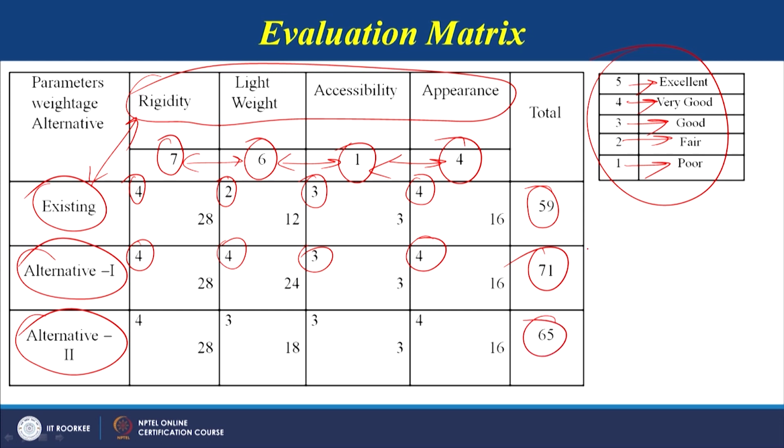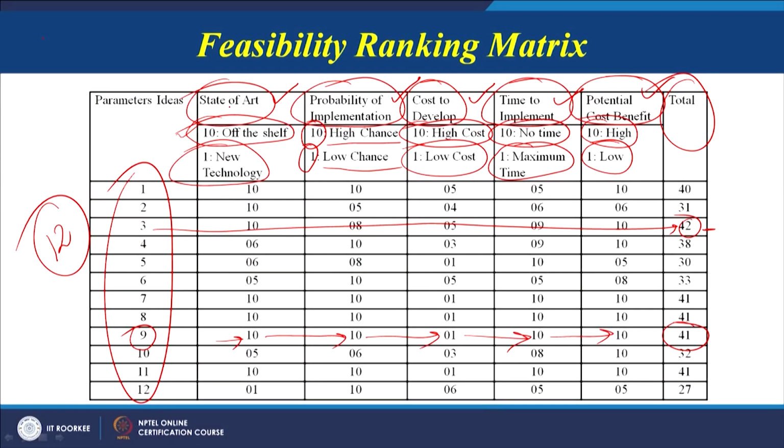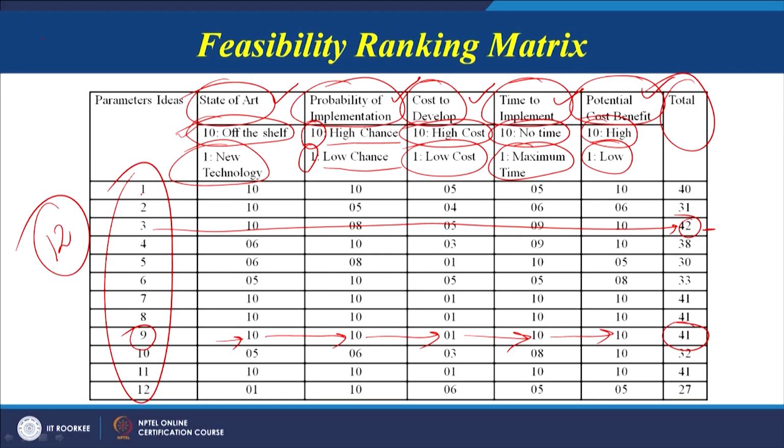So now we have taken just two ideas, and we have mathematically found out which of the ideas is going to give us more benefit. In the previous case we shortlisted the ideas based on 4 or 5 criteria; we took 5 parameters there: state of the art, probability of implementation, cost to develop, time to implement, and potential cost benefit, and all the 12 ideas were analyzed.